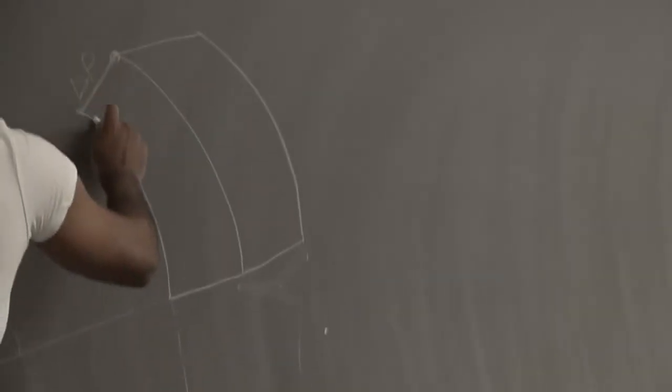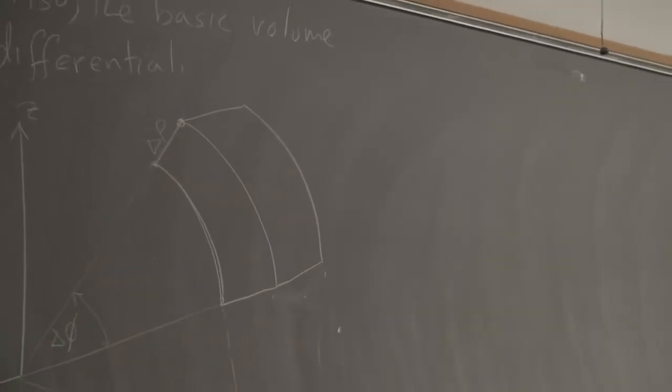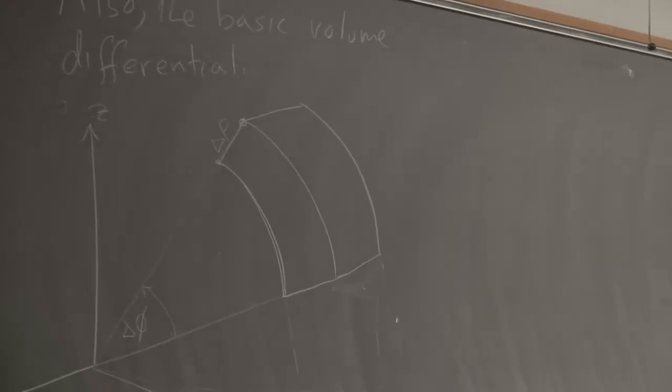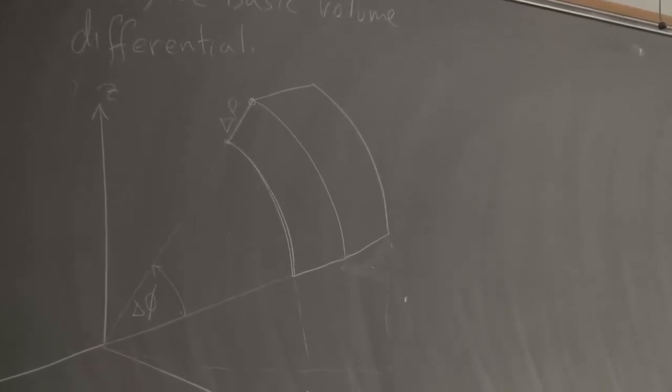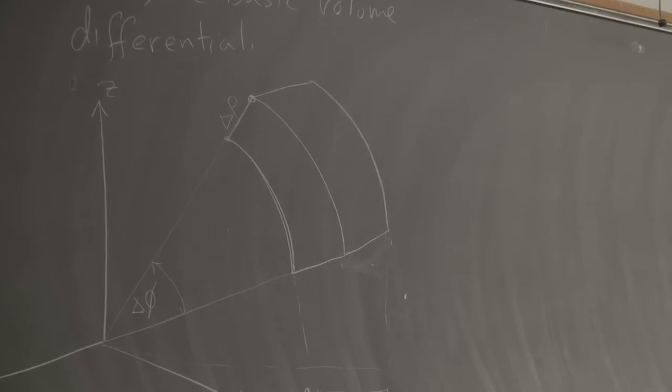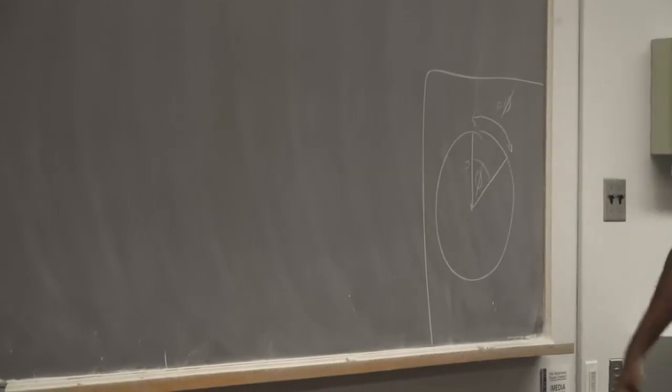How would I figure out the height? Like this one. It's the arc length. What's the formula for arc length? S equals R theta. So remember, if you have a circle and theta, let's use phi here, and instead of R I call it rho, then the length of this would be rho phi, right?